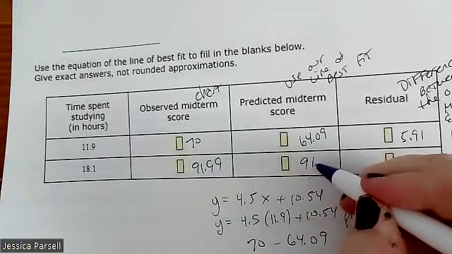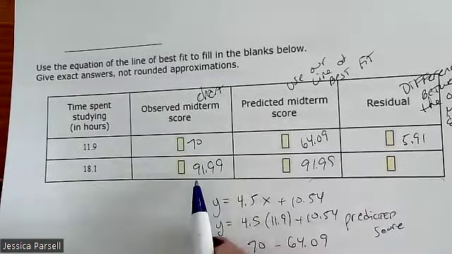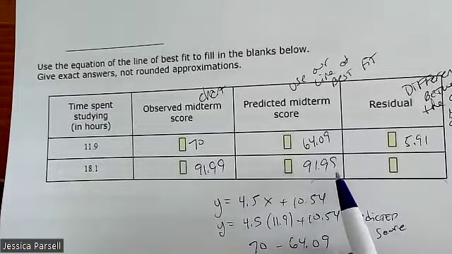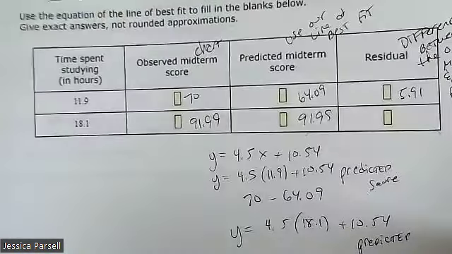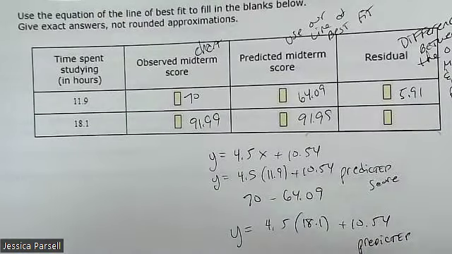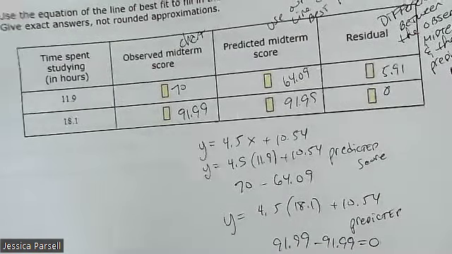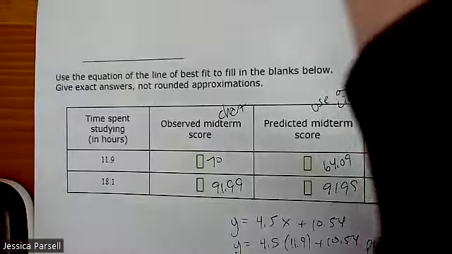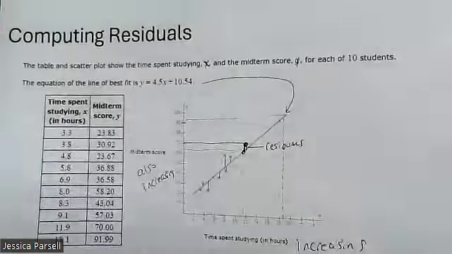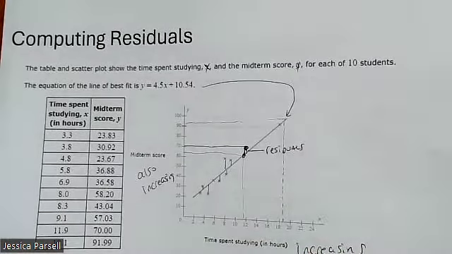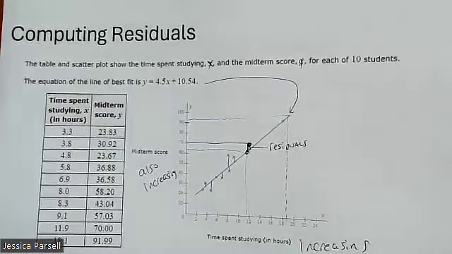Notice that what the person got in actuality and what was predicted to happen are the same. So there really is no residual between the two. So 91.99 minus 91.99 equals 0. Okay, so that line was actually perfect. The prediction was actually true. It was perfectly the same as what actually happened.